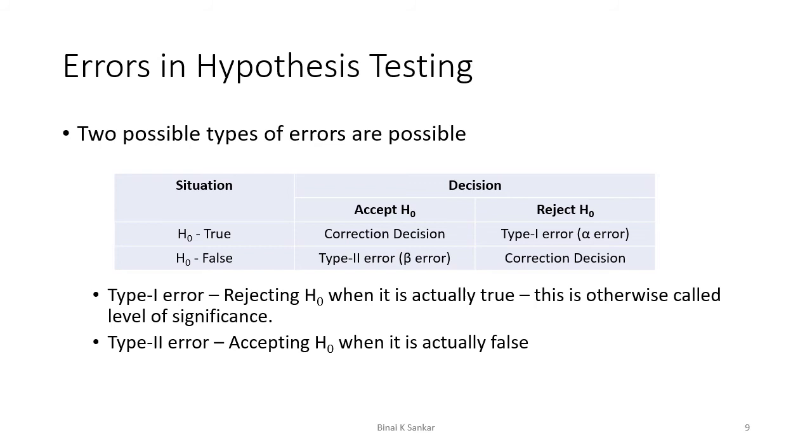I would say the alpha error is a bigger error, because the null hypothesis says there is no effect on the outcome. Say, for example, you are testing a drug. Let's take the example of diabetes. You have a new drug, let's call it diabetinil, which is being tested.